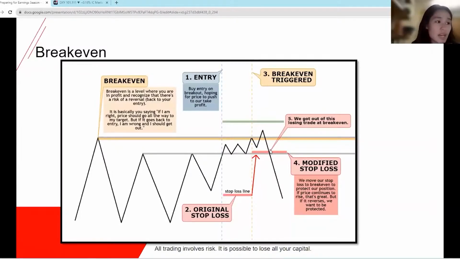It reverses down, and you get stopped out here. But it's fine, because even though you've been stopped out, you didn't make a loss in this case. Okay, I hope that was clear what exactly a break even is.